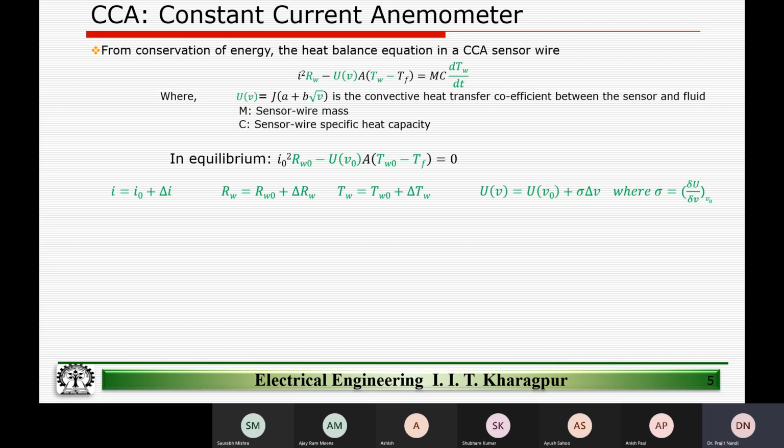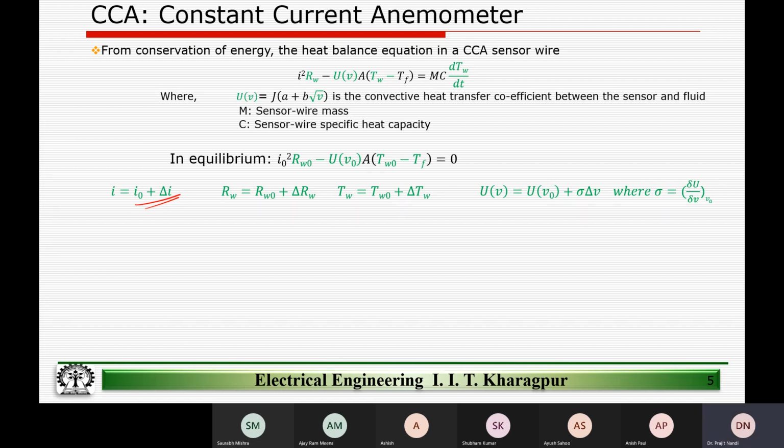In the electrical block diagram that I showed you, I did discuss why the operating point is important. So around this operating point, if we assume the current changes from I0 to I0 plus delta I, what will happen? If delta I is positive, the resistance also will increase, right?